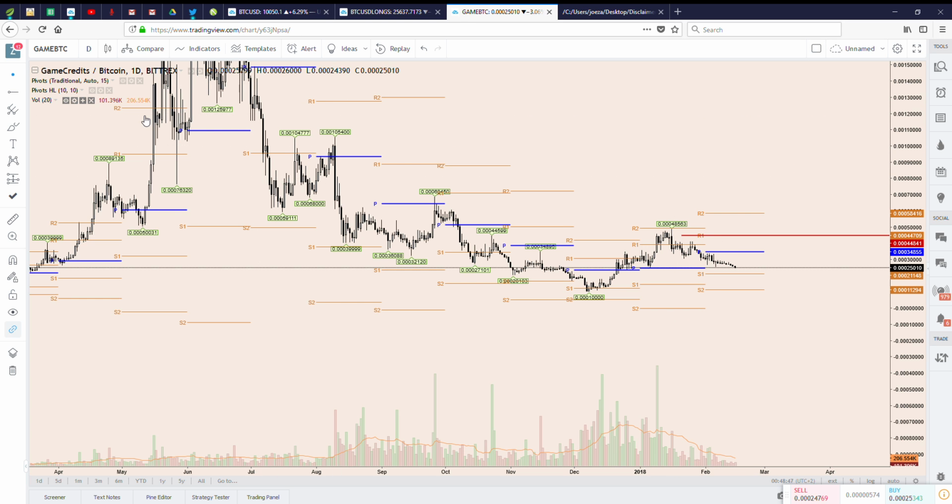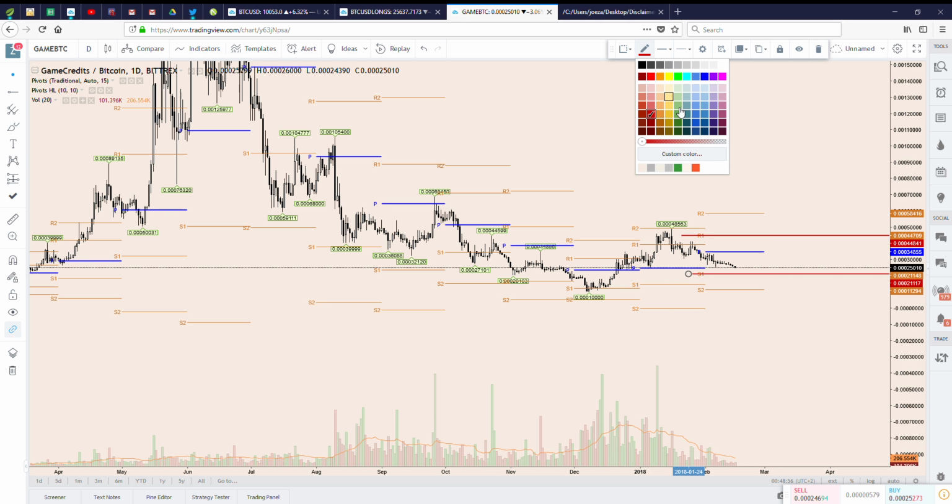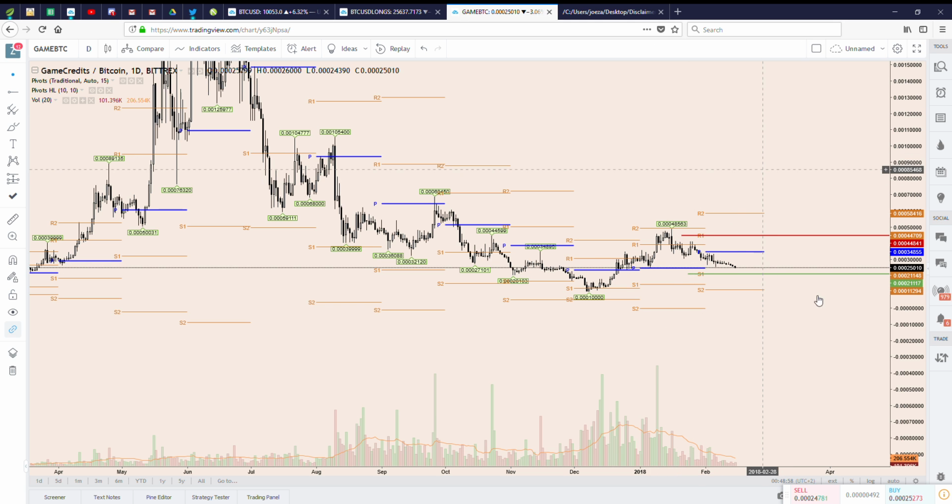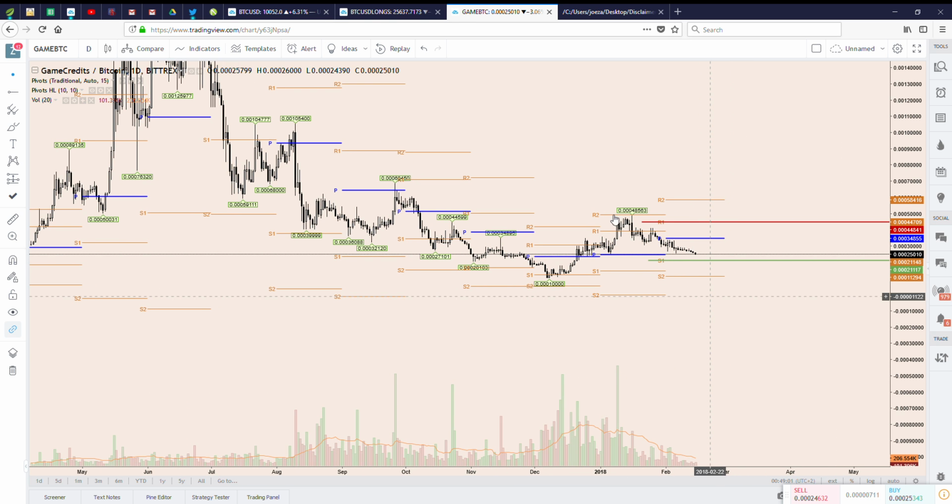All right, and then I draw in the S1 support. Let's change that to green, and you guys will see that I do color code my charts so that you can get an idea of what a support is and what a resistance is. Okay, and then I just extend the pivot as well, and I change the pivot to blue.